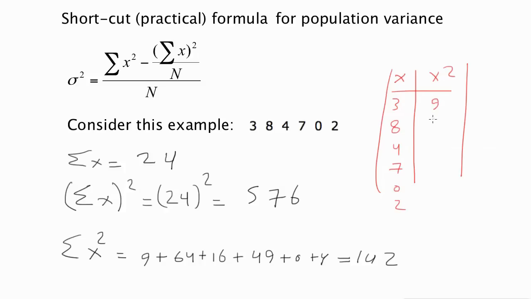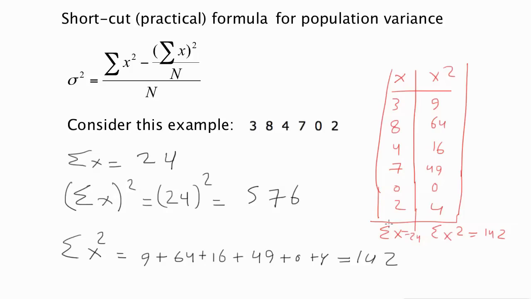This would be 9, 64, 16, 49, 0, and 4. Anyway, that's just a different style, it's up to you. But at the end, I want sigma x here, and I want sigma x squared here. When you add all of these after squaring them, you'll get 142. And of course, the sigma x we did is 24.